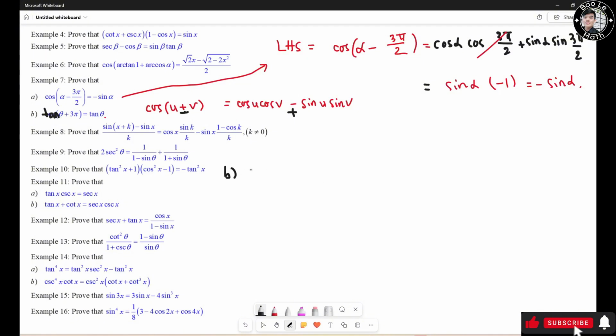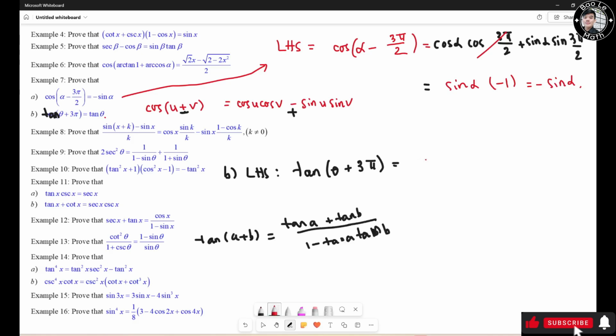So question B, I have left hand side. It's going to be tangent of theta plus 3 pi, right? So I apply the formula tangent of A plus B equals, now I need to apply this formula, so it turns out to be tangent of theta plus tangent of 3 pi over 1 minus tangent of theta times tangent of 3 pi, right?